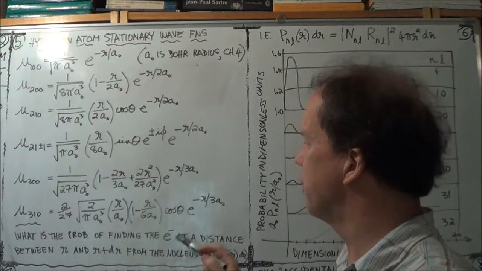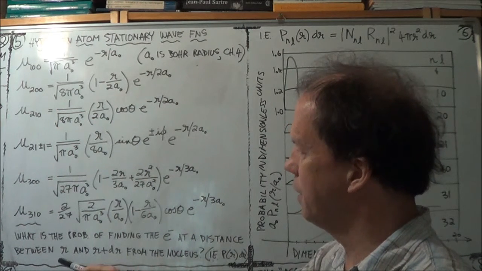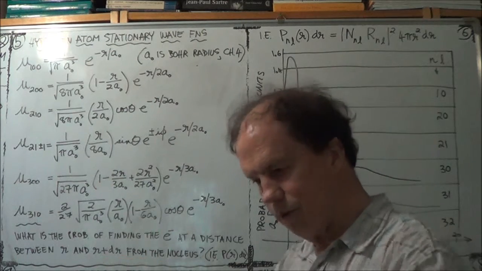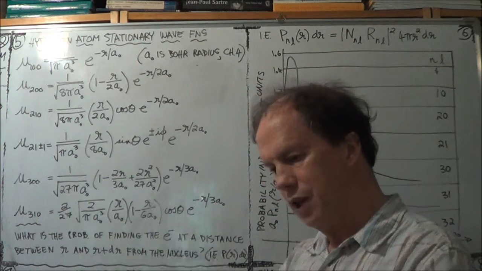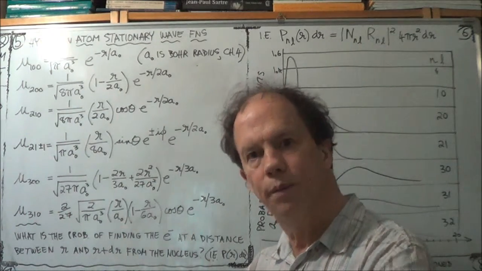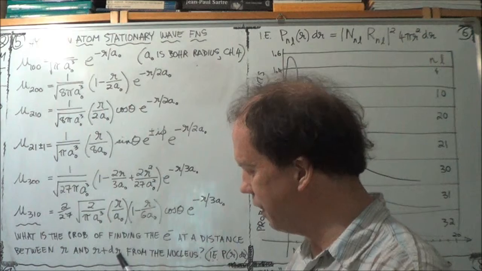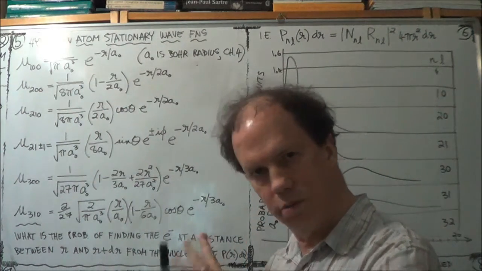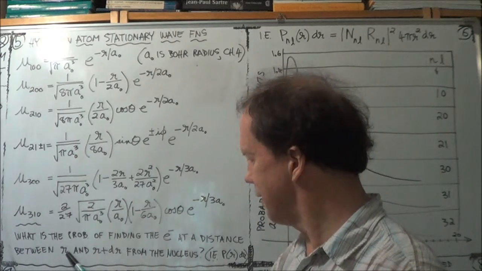So what's the probability of finding the electron at a distance r from the nucleus and r plus delta r? In other words, finding it in an onion shell of thickness dr, and the radius of the onion shell, so to speak, is r.